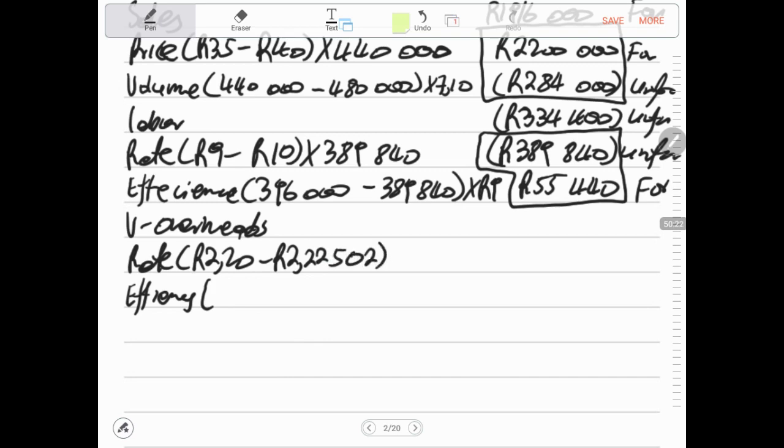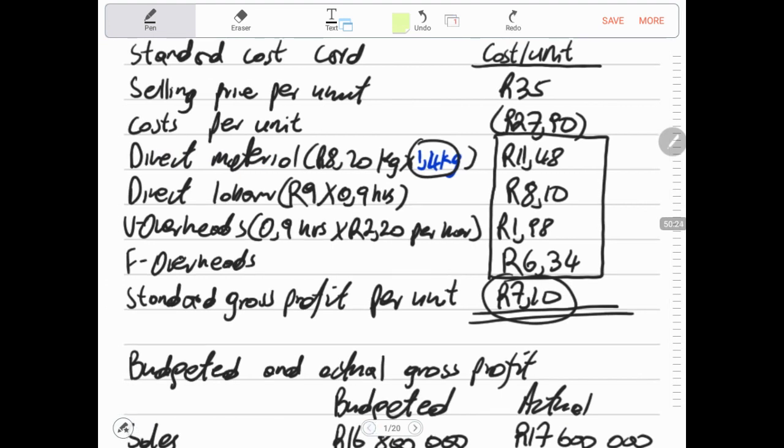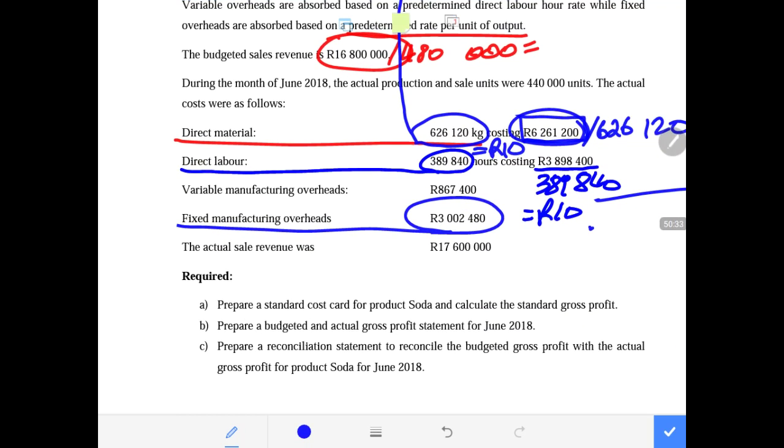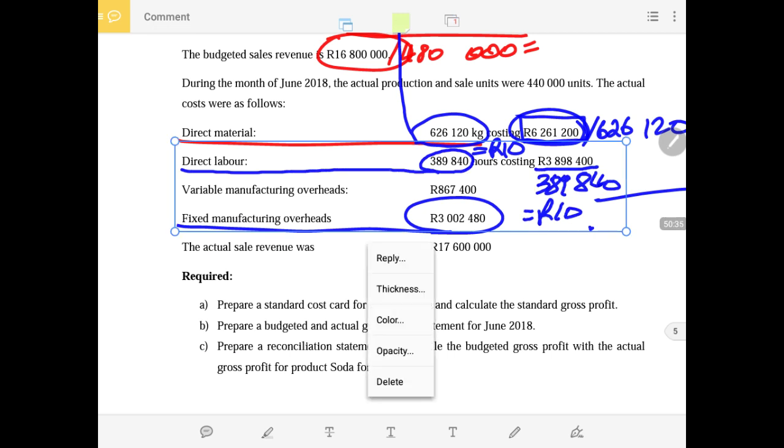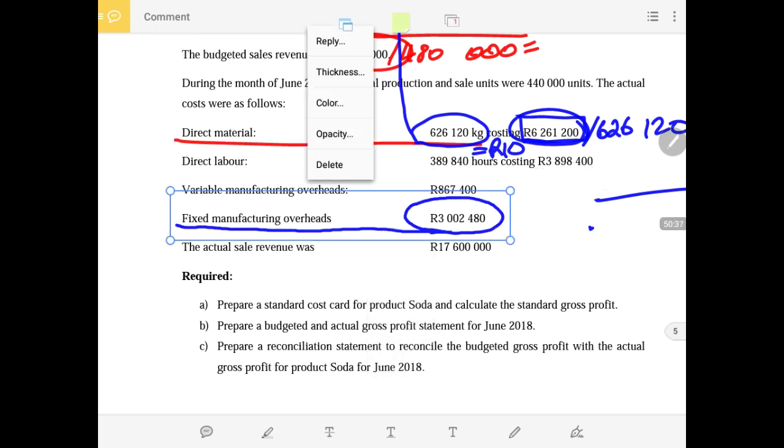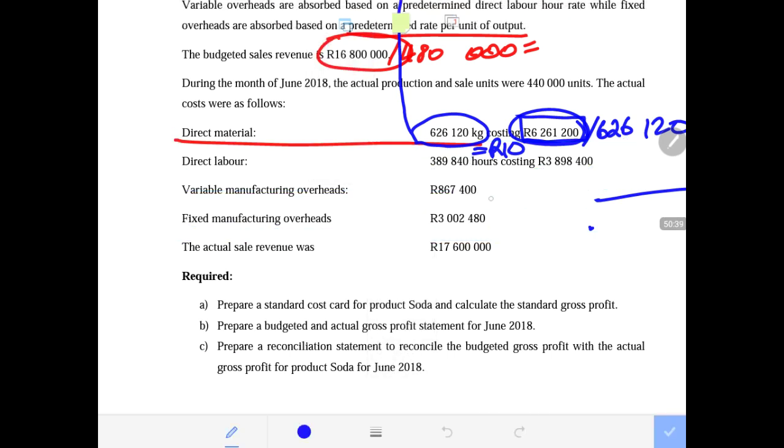If you remember my rounding off, the budgeted was 2 rand 20 cents, and that is exactly what it is. And actually we calculated that one. How did we calculate that? We divided the total variable overheads by the base, of which the base is labor hours.